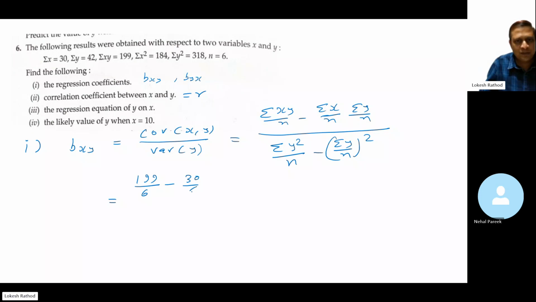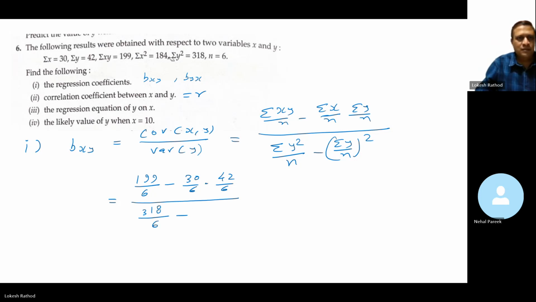Sigma x is 30 over 6 times sigma y is 42 over 6. Sigma y square is given, 318. Sigma 42. Yes, you tell me the final answer.